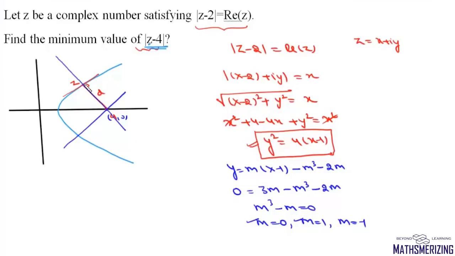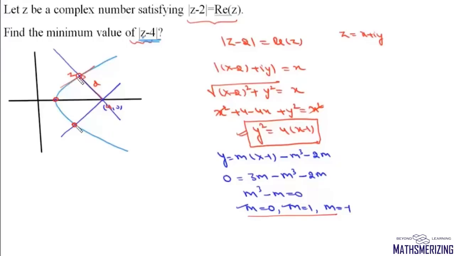So we'll write the foot of all the three normals. So we know that the foot of normals is given by (am^2, -2am) for a parabola which is y^2 = 4ax. But we have a parabola which is y^2 = 4(x - 1).